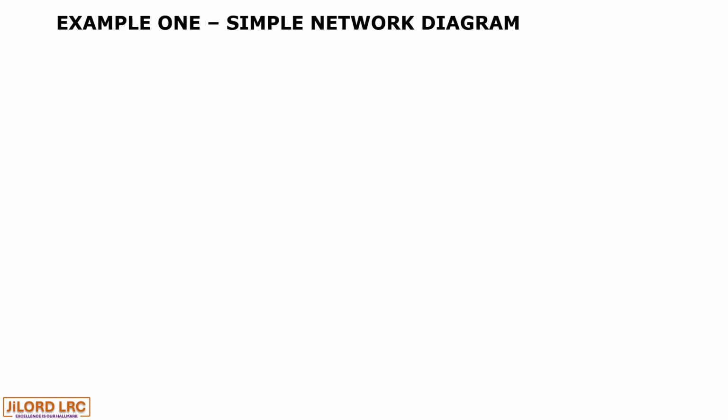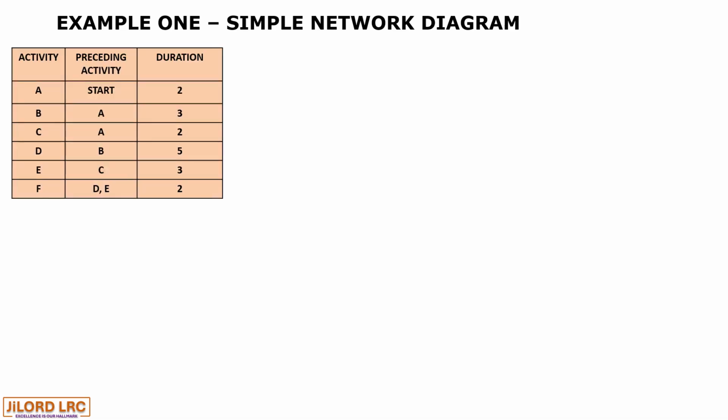Now, let us look at an example of how to construct a simple network diagram. This example will look at the calculation of critical path and the determining of the floats of each activity. We are presented with this information.